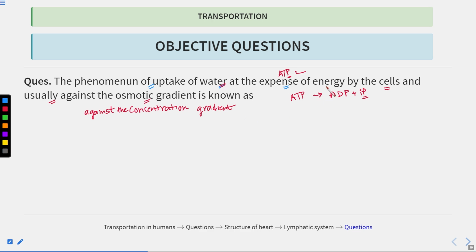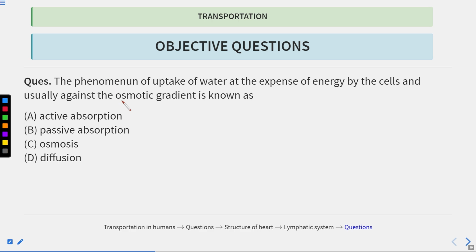All right, let's have a look at the options here. The first option is active absorption, second is passive absorption, third is osmosis, and fourth option is diffusion. So let's have a look at each of these options. Active absorption means it requires energy, and energy is liberated by the breakdown of ATP.